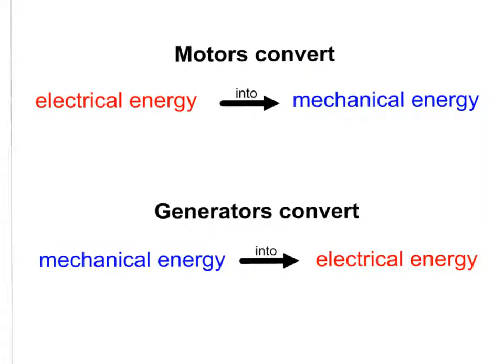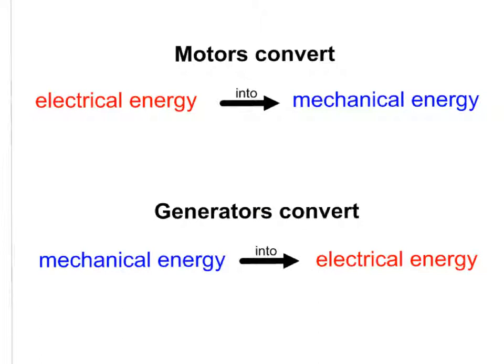So let's review what we've discussed so far to get this straight in our minds. The electrical motor converts electrical energy into mechanical energy, whereas generators take mechanical energy and convert it into electrical energy.